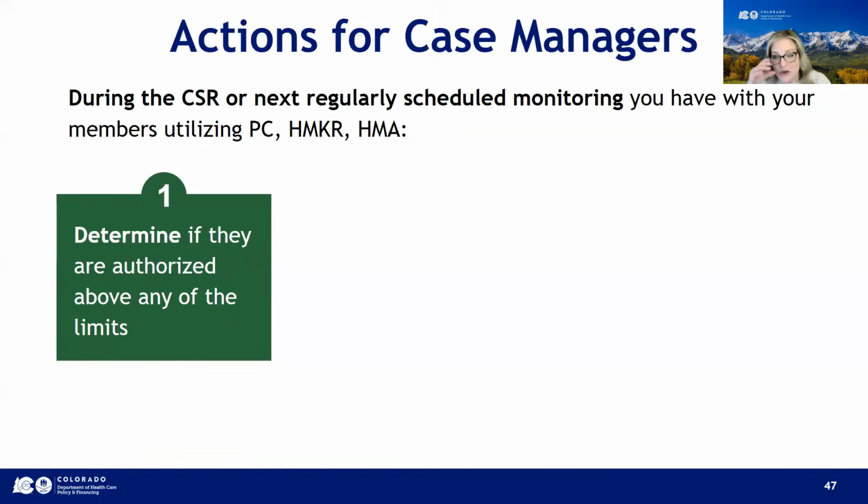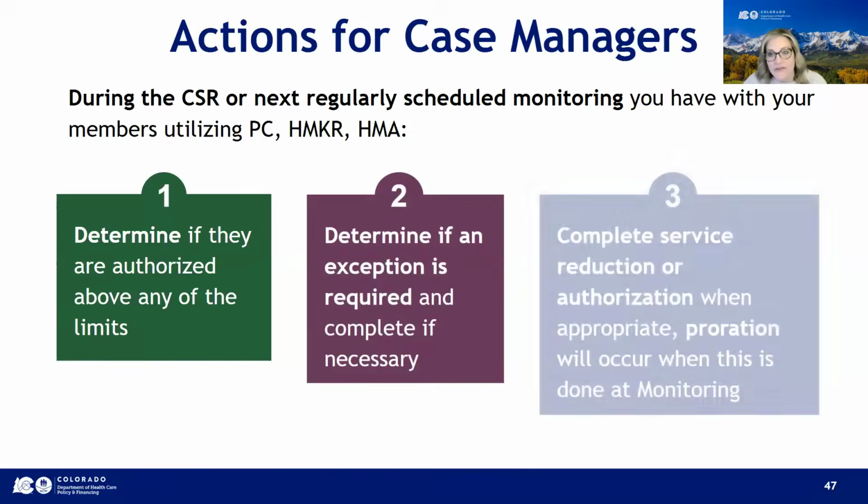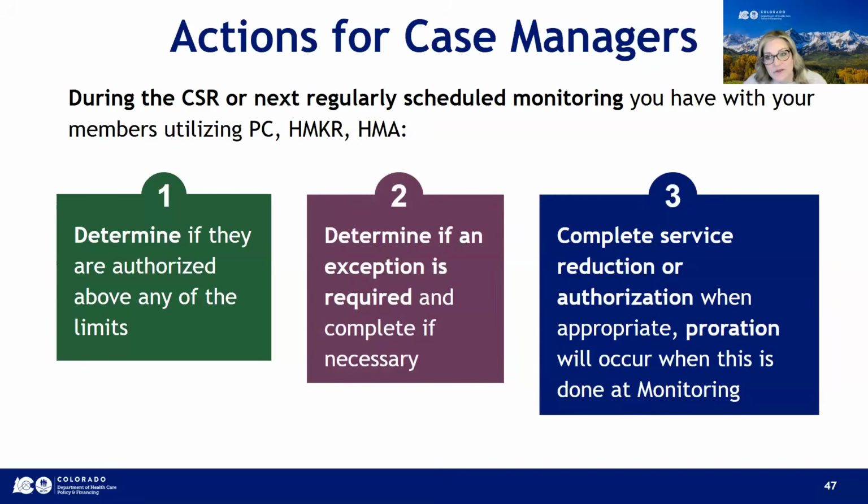After completing the new direct care service calculator, determine if an exception is required and complete one if it's necessary. After that, you can complete your service reduction or authorization when appropriate, and proration might occur during this time if you're doing this at a monitoring visit rather than a continued stay review.